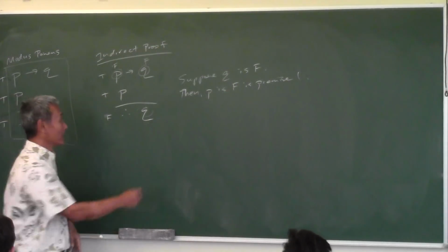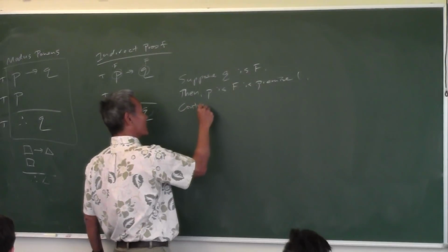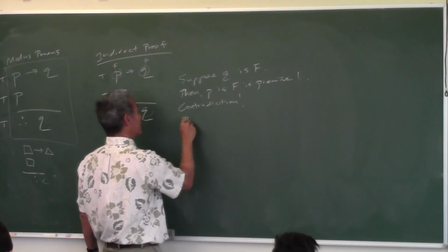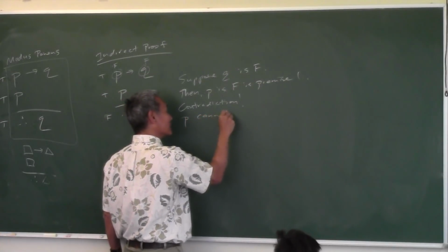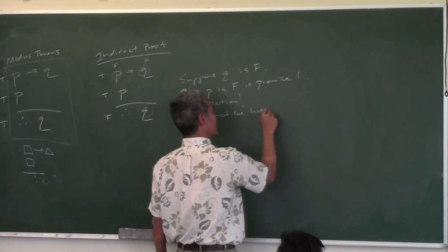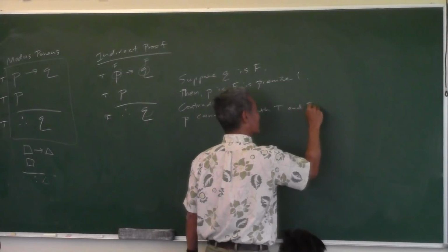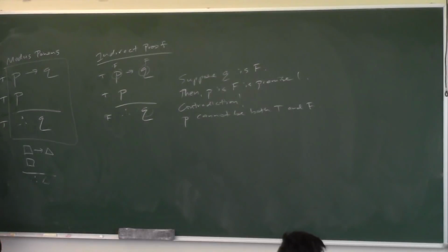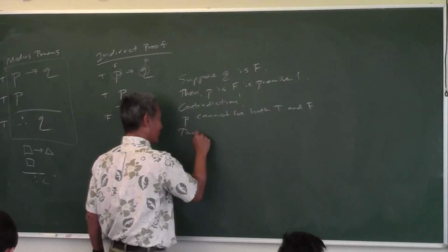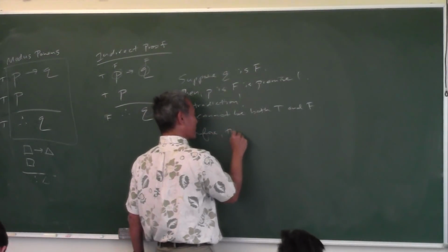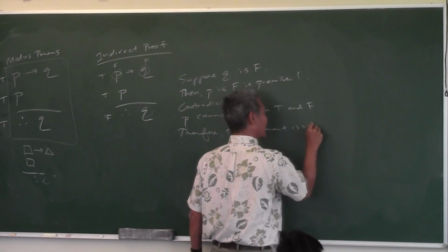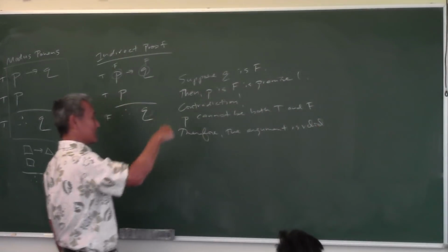That's a contradiction. So, when you get a contradiction, you're happy. That's the goal. Contradiction. P cannot be both true and false. How can you have a statement that's both true and false? No can. That's the contradiction. Therefore, the argument is valid. There you go. This is an indirect proof.